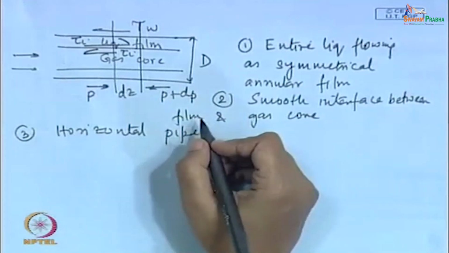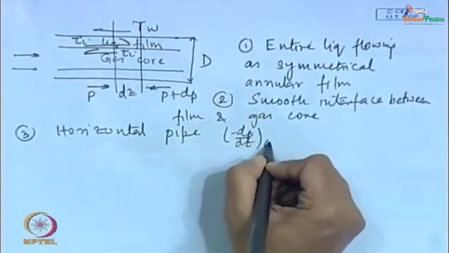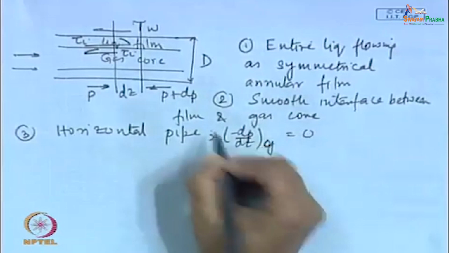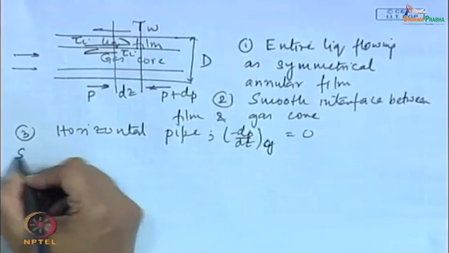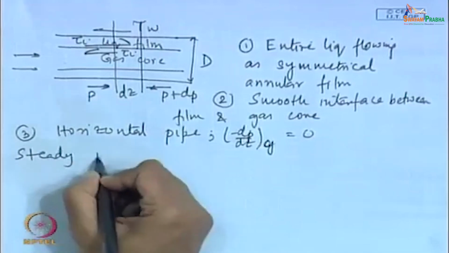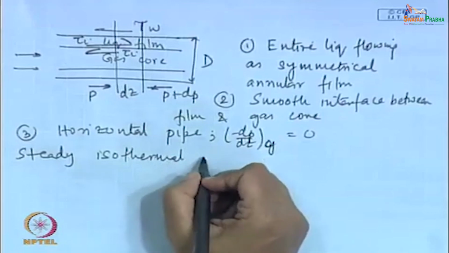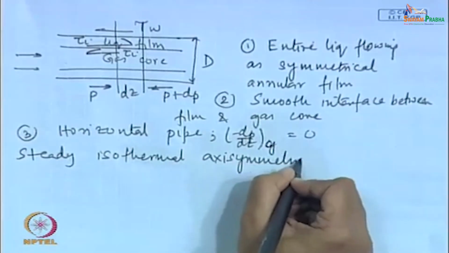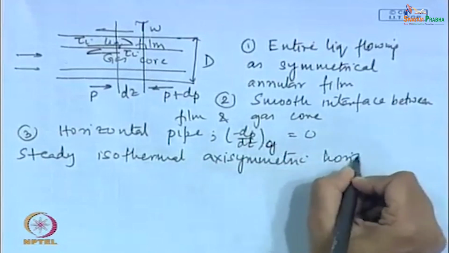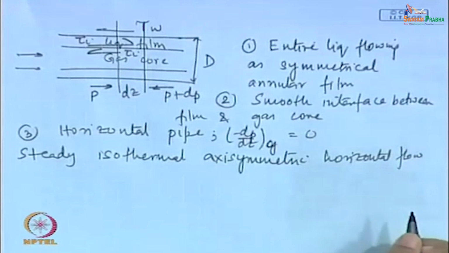So, the gravitational pressure gradient, minus dP/dz g, is equal to 0. So this is steady, isothermal, axisymmetric horizontal flow. In short, we can write it in this particular way.